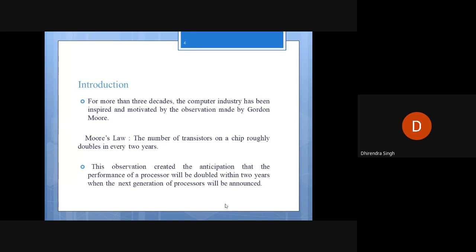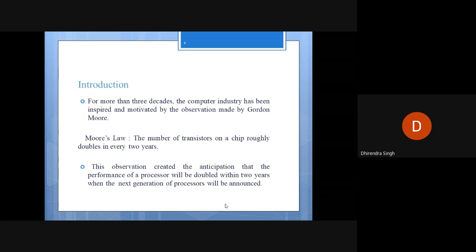We were increasing the number of transistors available inside our processor. On that basis, there was a scientist, Gordon Moore, who made an observation that every 2 years the number of transistors inside the processor chip gets doubled, and accordingly its processing capabilities were increasing.